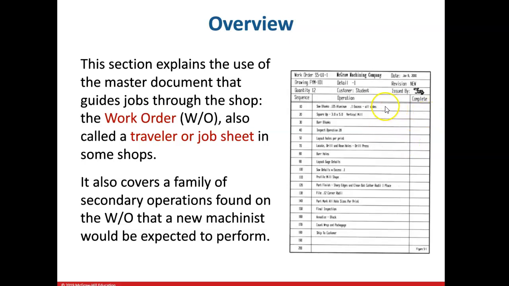As you take a look at this work order, you'll see a sequence number, a work order number, the drawing part number, the company and dates, what revision, who's issuing it, the customer, and then the operation as well.